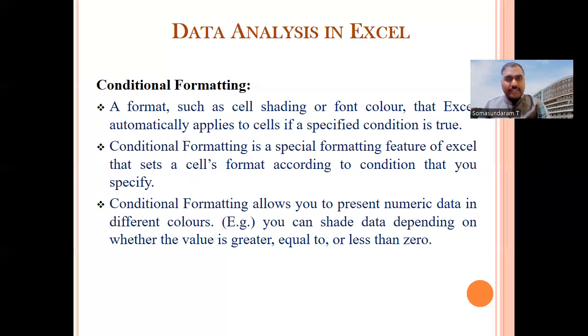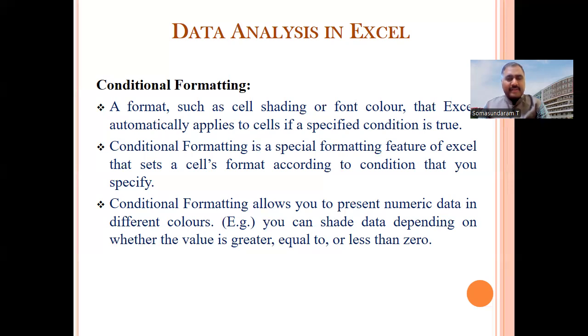It is one of the important functions in Excel, helpful for you to specify a certain condition to identify the results you are going to get. It can be highlighted with different colors or a different pattern, whatever it is.